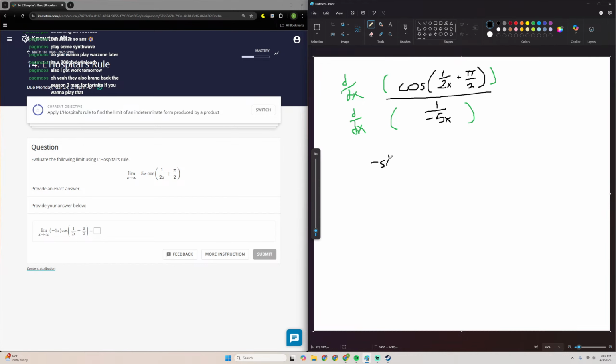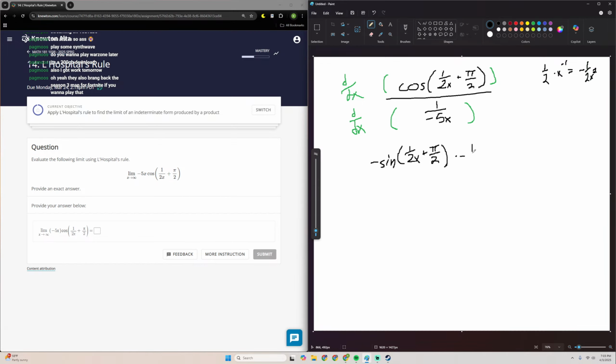Negative sign, 1 over 2x plus pi over 2, times 1 over 2 times x to the negative 1 equals negative 1 over 2x squared.